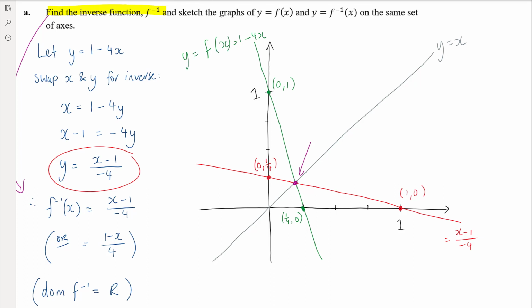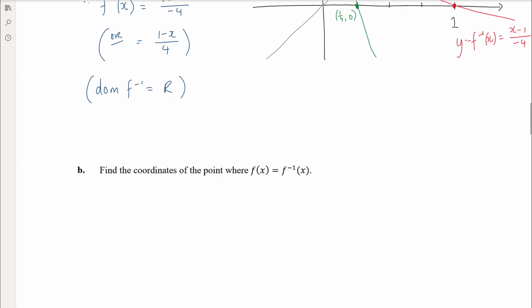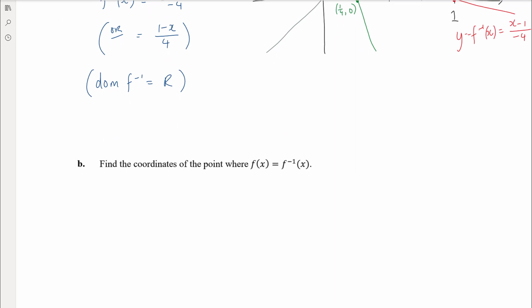Actually there are 3 lines intersecting at that purple intersection point, which is what we want to find. f of x and inverse f of x, so we could solve them equal to each other to find that point of intersection, but also y equals x. So there are actually 3 different equations that we could solve here to find the coordinates of the point.